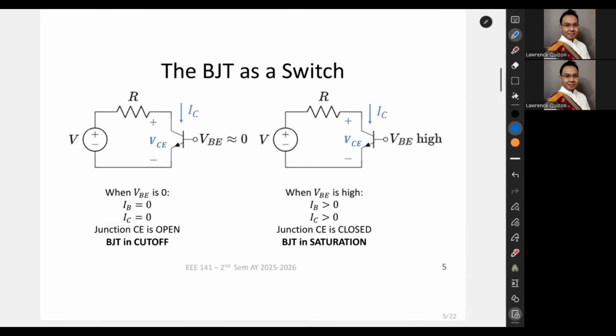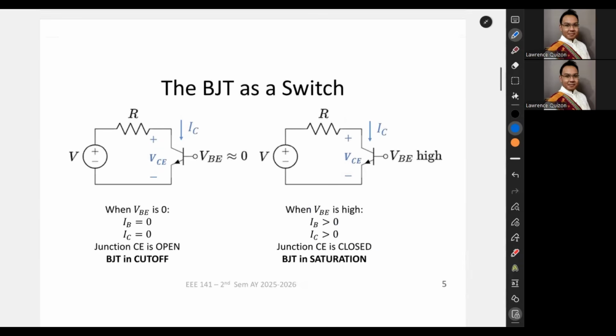Okay? So, when we use the BJT as a switch, let's apply it to the resistor network that we used kanina. When VBE is zero, then we are guaranteed that IB is zero and IC is zero because the BJT doesn't have a base current or a collector current. Since there's no current, the voltage up here, which is V, just put ground down here, would transfer over here without any voltage drop. And so we have practically the same behavior as the one earlier, where we had the voltage appear across the switch.